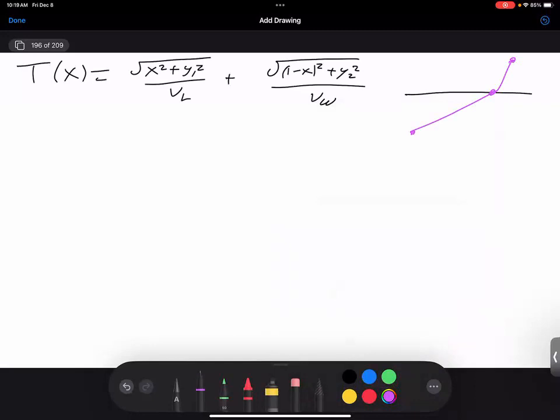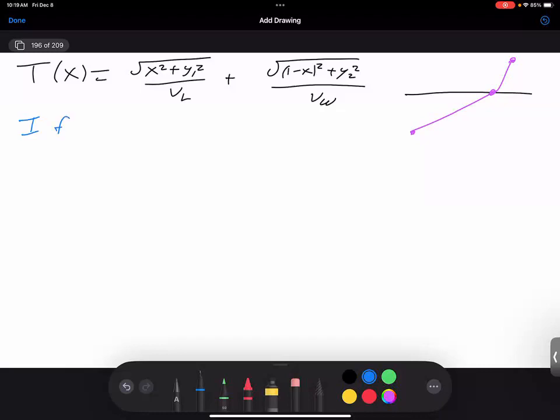So everyone agree the path looks something like this? Can you look at this, and if I tell you the values of y1, y2, VL, VW, can you find the quartic and solve for that in your head? Yeah, I wish I could as well. But I claim you can't in a special case.